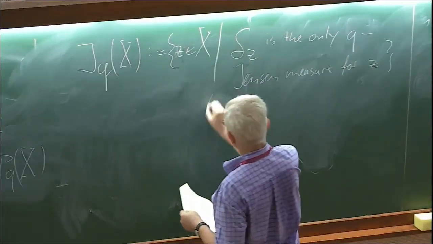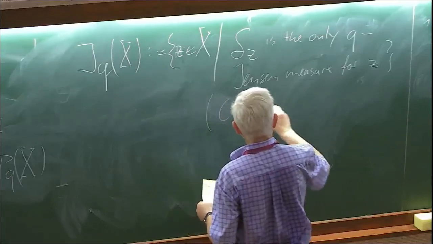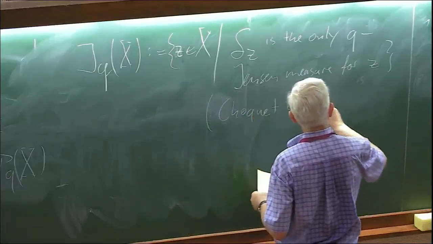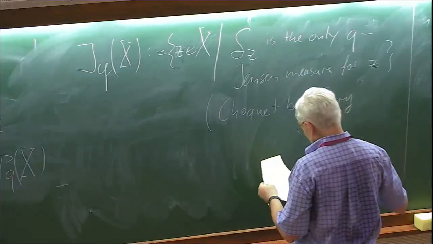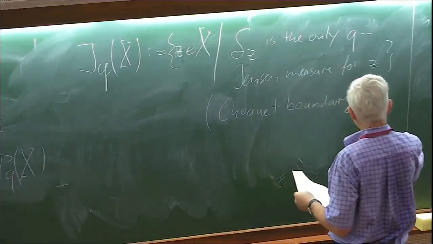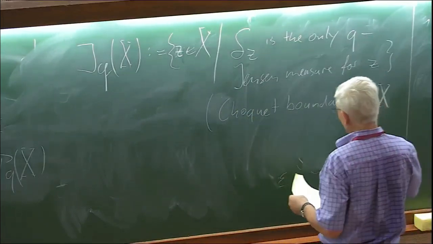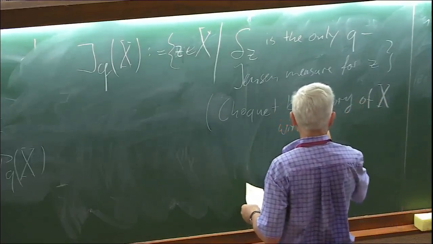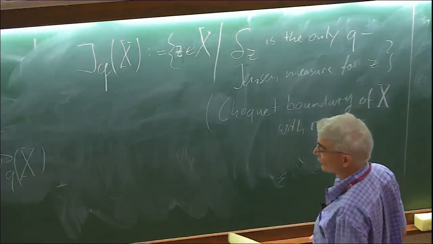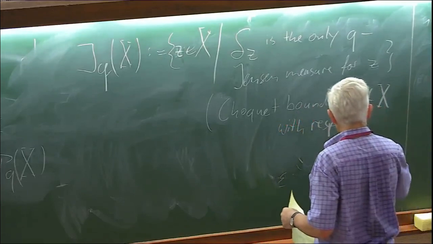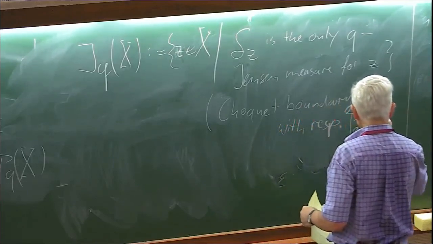This is also called the Choquet boundary of X, with respect, of course, to the cone P_q(X).